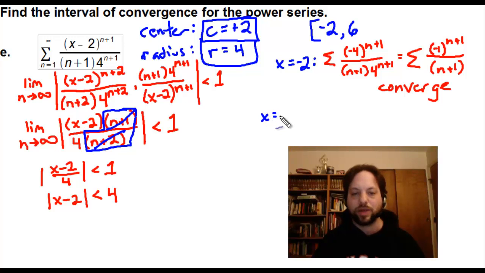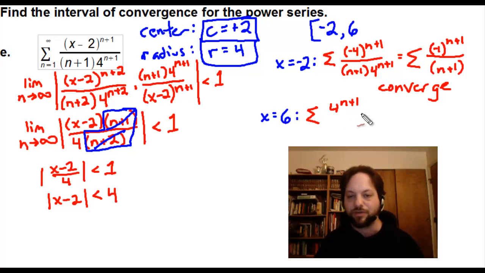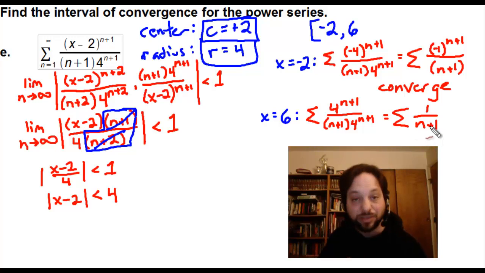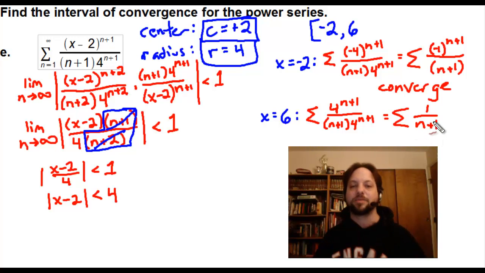Well, what happens when x equals 6? This is where we're going to have a little bit of excitement. I will have the sum of 4 to the n plus 1 power. This is +4 this time. In the numerator, I'll have n plus 1 times 4 to the n plus 1 power. I think it's fairly easy to see that the 4 to the n plus 1 powers are going to cancel out, leaving me with 1 over n plus 1. That's a series that we have seen many times before.